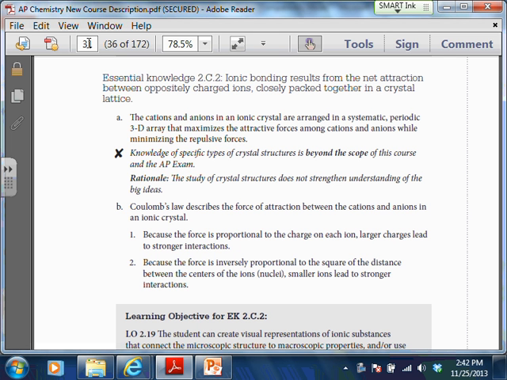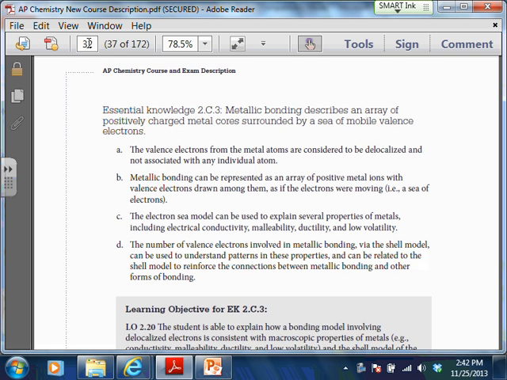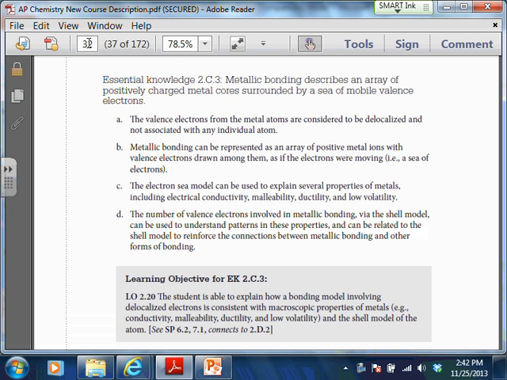All right, starting with number 14 on your reading guide. Well, now I'm going to start really with 2C3, I think. Yeah, where it starts talking about metallic bonding.